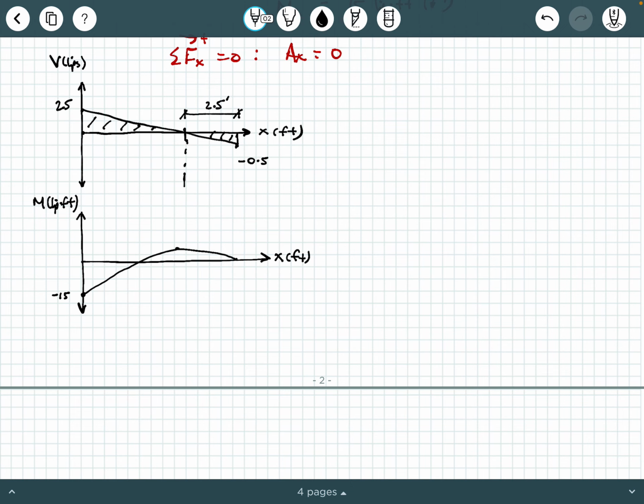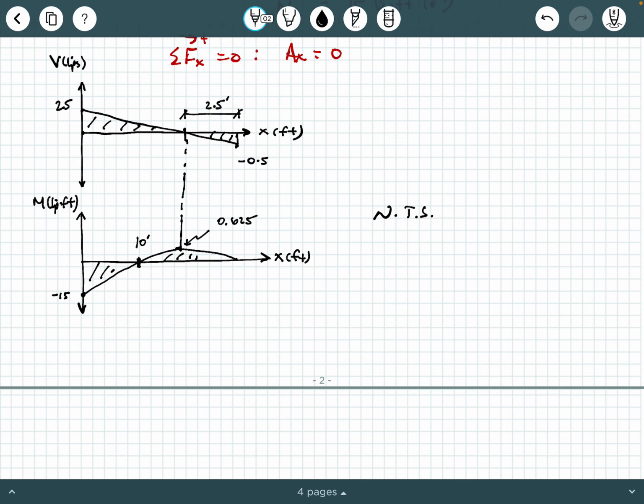Okay, now this point right here from the shear diagram is going to correspond with that maximum point on the moment diagram, and technically this point right here is 10 feet. This is not drawn to scale, so let me put a note here. This high point, by the way, is 0.625 kip feet. These are not to scale, okay?